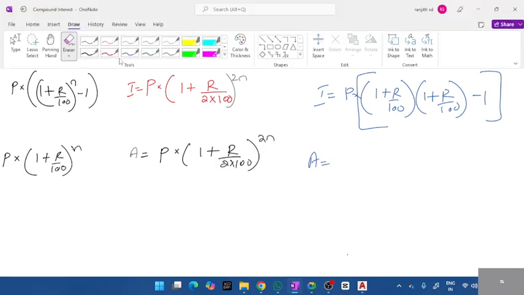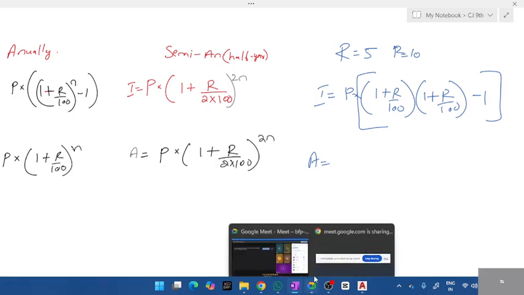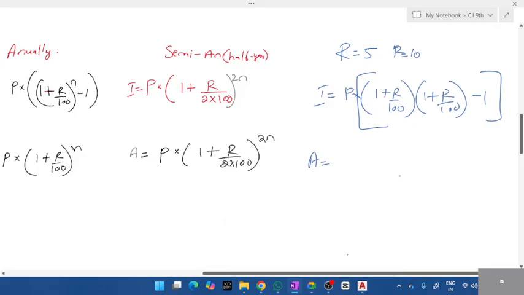Here, can you unmute? Talk a bit loud. Is this the formula? Then what's the formula? Interest or amount?